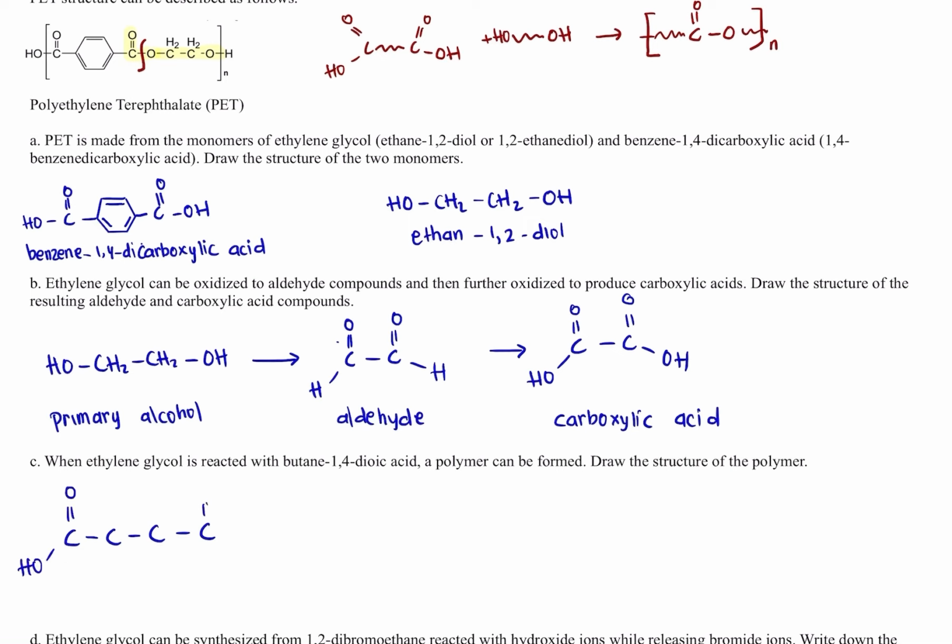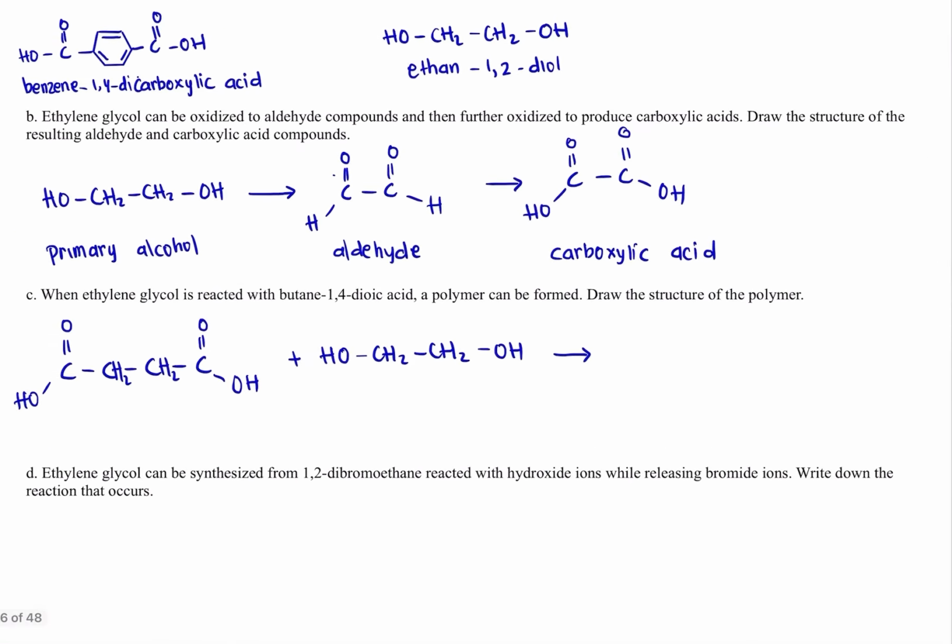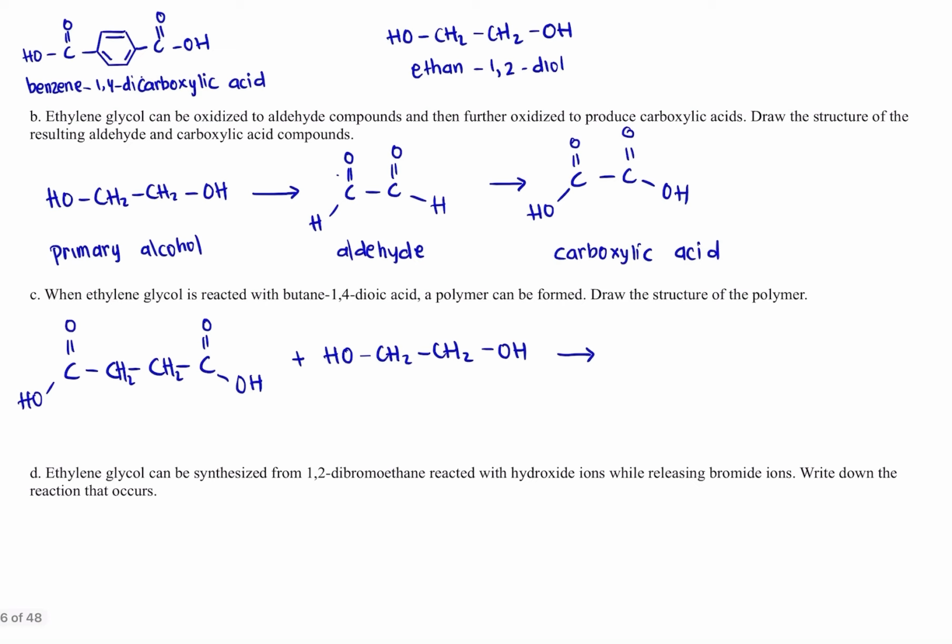This is number 1, this is number 4. And then it reacts with the ethylene glycol. Okay, so the result should be a polymer which comes from the condensation reaction. So basically we are going to react this, the COOH, that is the carboxylic acid, and the alcohol over here resulting in ester.